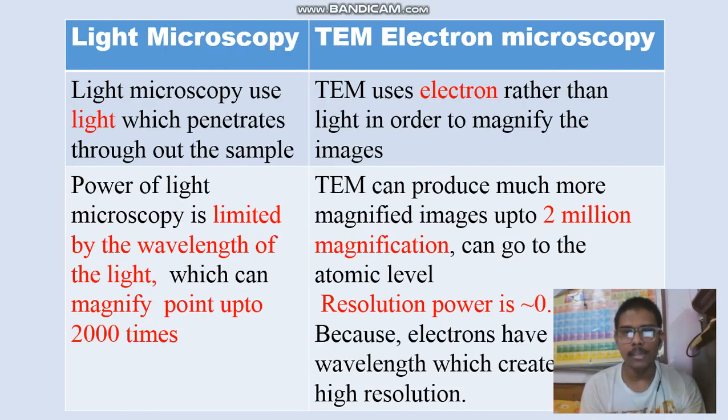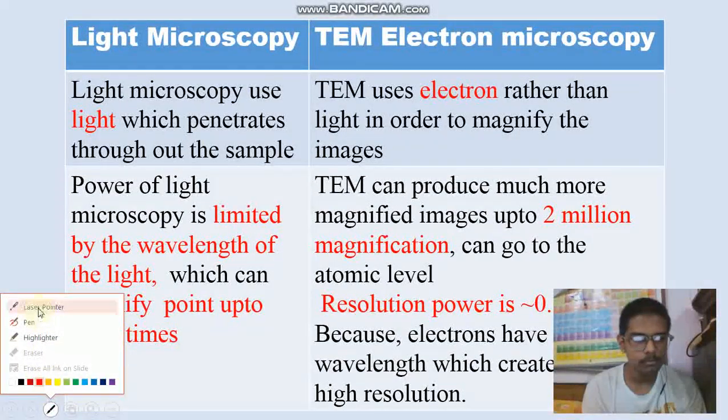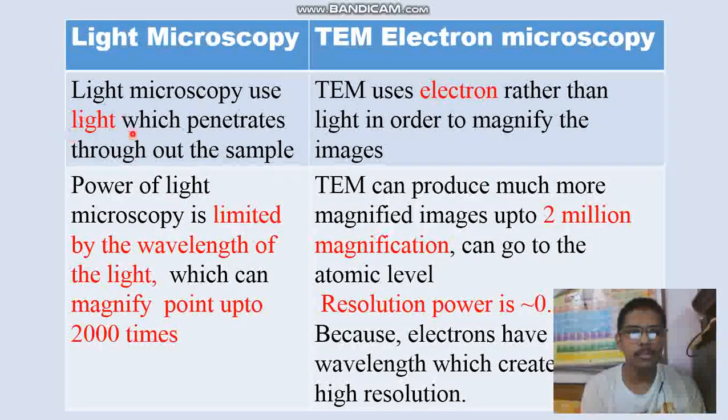Now the last thing we want to discuss is the difference between light microscopy and transmission electron microscopy. Light microscopy uses light, which penetrates through the sample, and TEM uses electrons. Resolution is the sharpness of the image you get, how much inner detail you can investigate from that image.